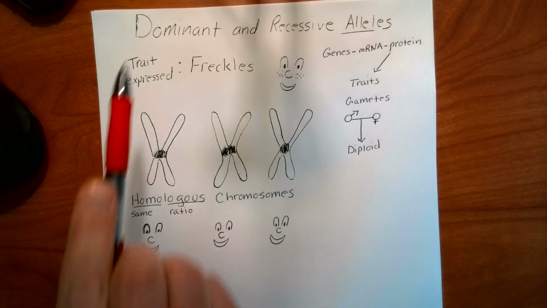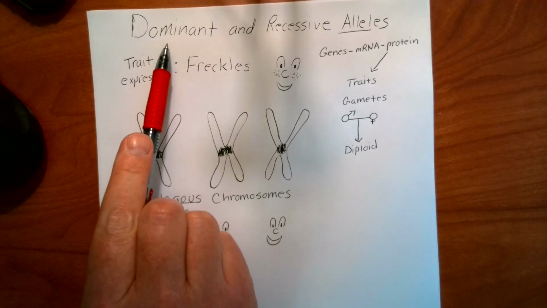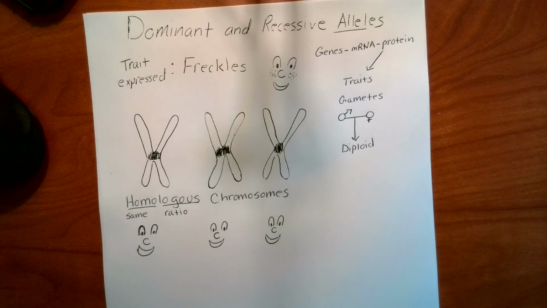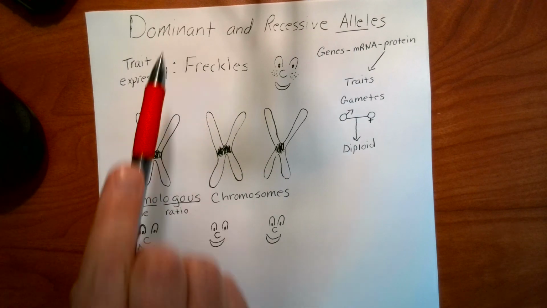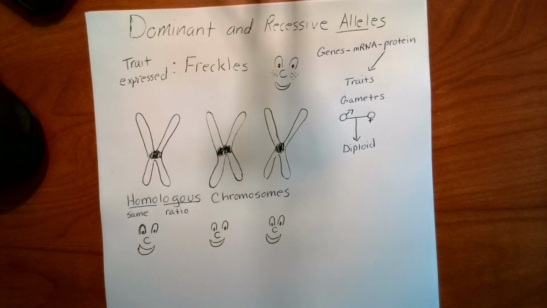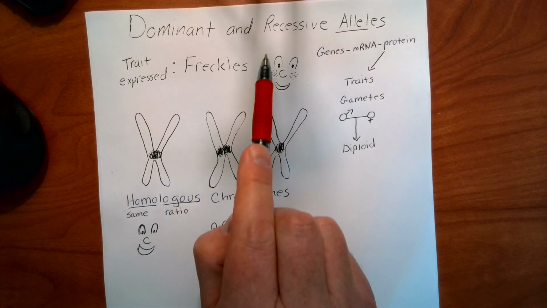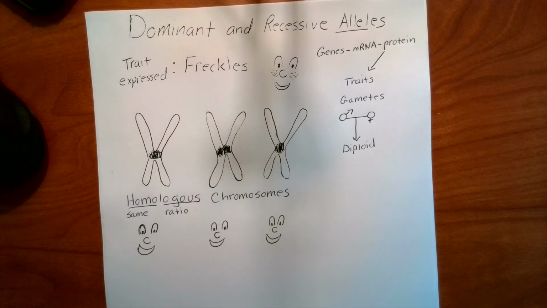The version can either be what's called dominant or recessive. And in the case of freckles, if a person has a dominant gene for freckles, then they will definitely have freckles. If they have two recessive alleles for freckles, they will not have freckles.